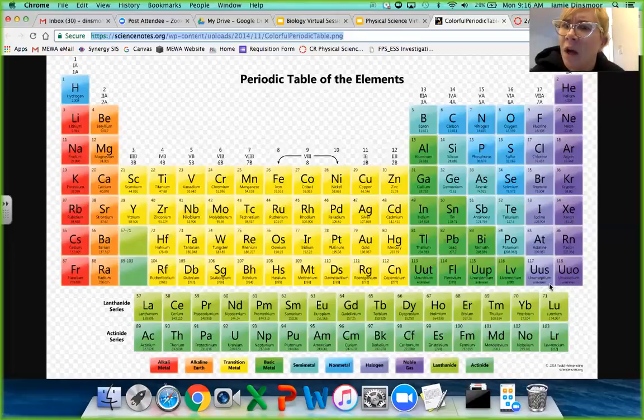Anytime it says unknown underneath the element where it should be an atomic mass, that means we know that element exists because of the periodic table, but we haven't found it. Unpentrium, yeah. I'm sure it's hard to come up with cool names for stuff in the periodic table.